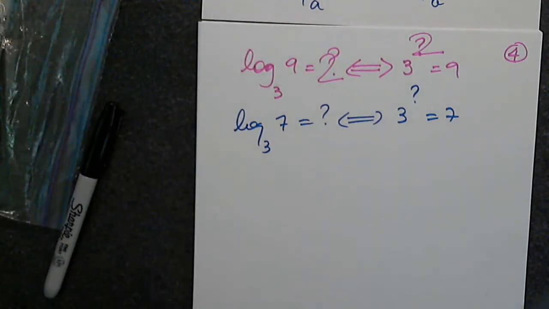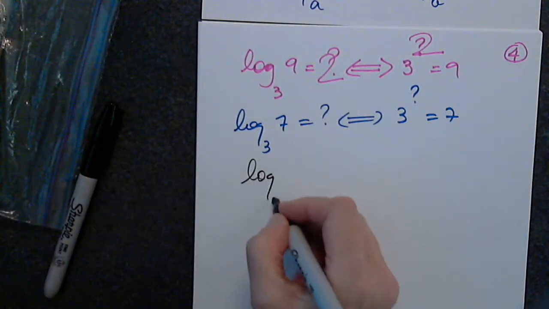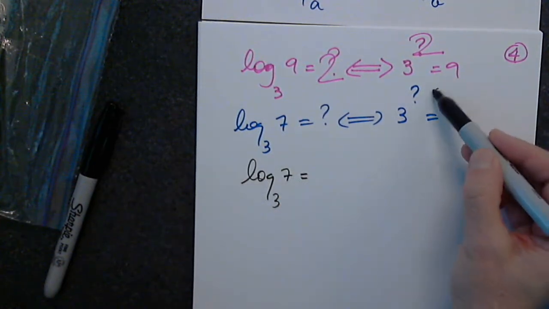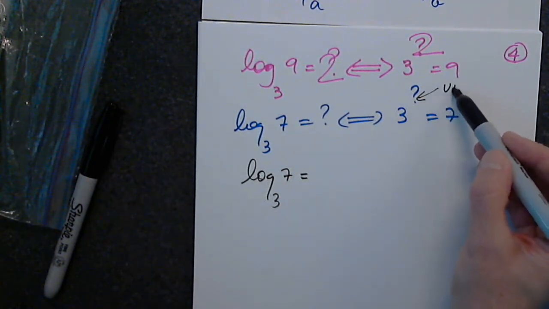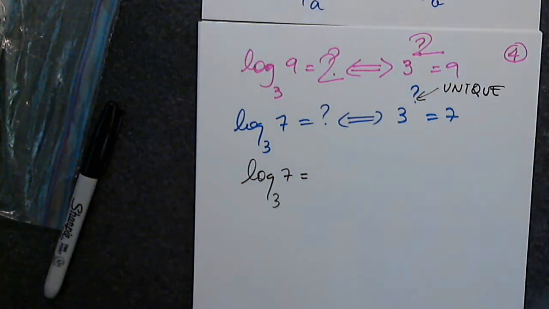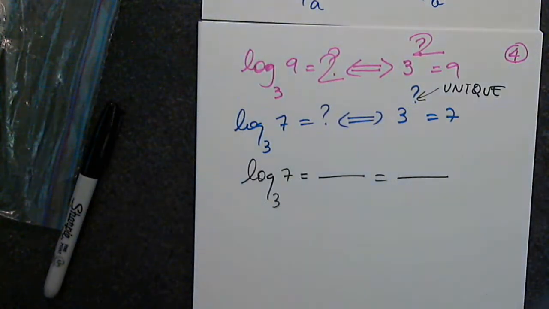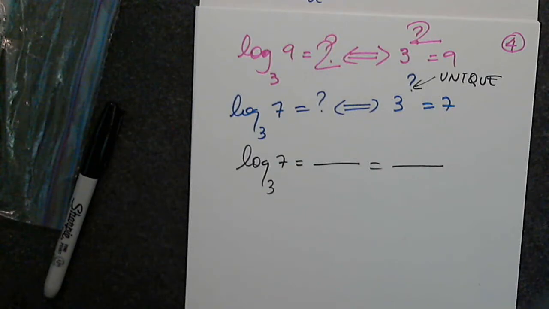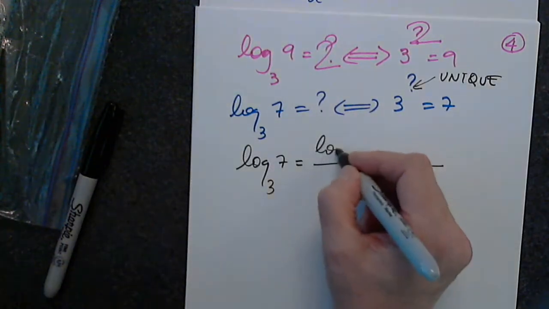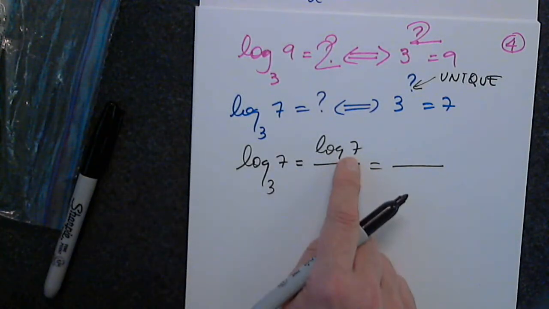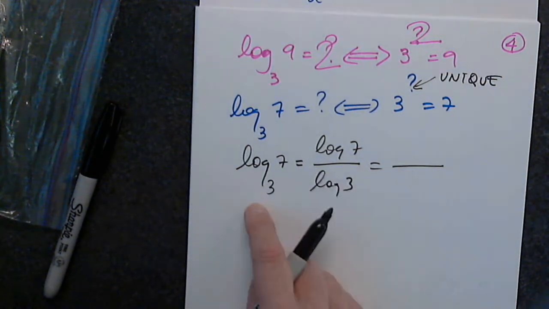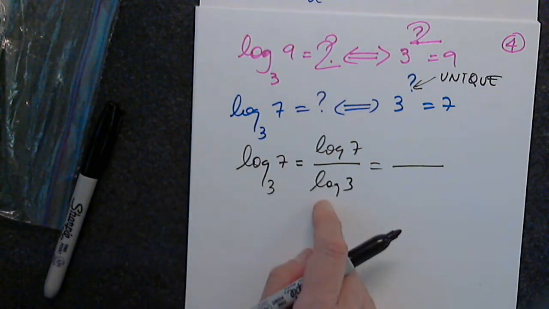We still need the change of base formula. Very simple. How do I determine log base 3 of 7? You understand that this is a unique number. You will not find one and I'll find a different one. There is no such thing, right? It's one to one. So regardless of which log you want to use, either common log or natural log, you will have log of 7 at the top and log of the previous base in the denominator.